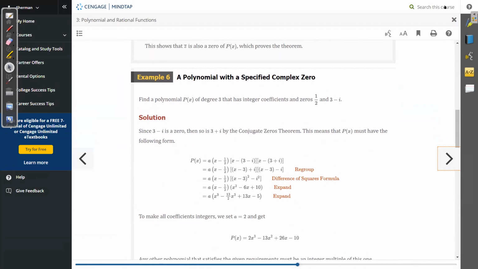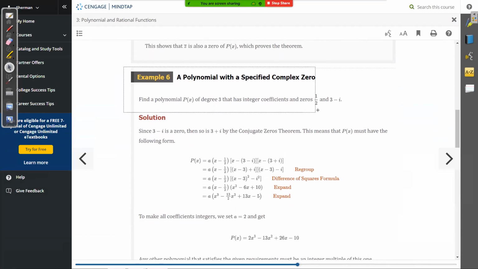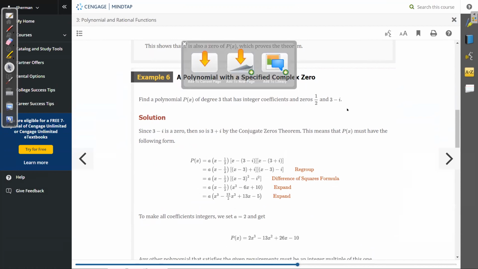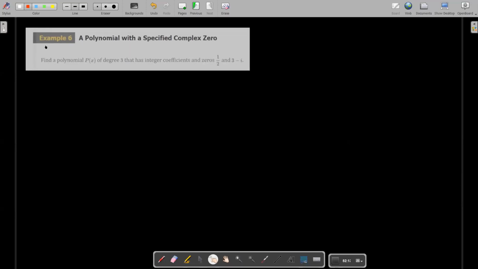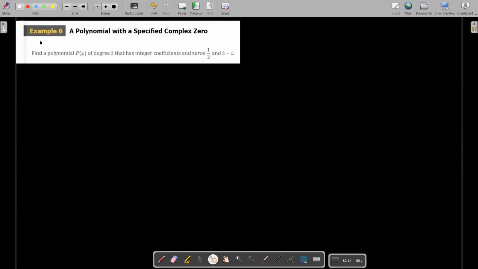Okay, so similar to the problems that we did earlier where we had to find the polynomials. Right. So had we not known about the conjugate zeros theorem, we would be pretty stuck right here, because this is saying find a polynomial p of x of degree 3 that has integer coefficients, and zeros at 1/2 and 3 minus i.